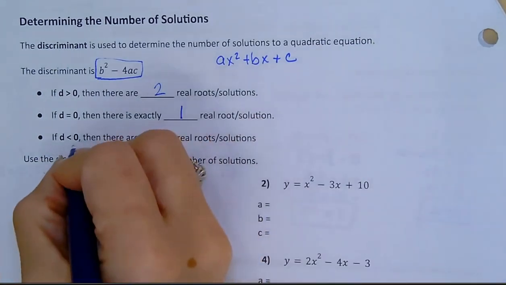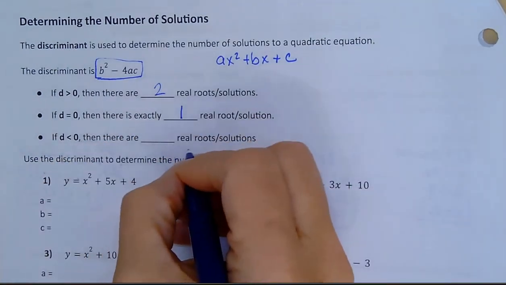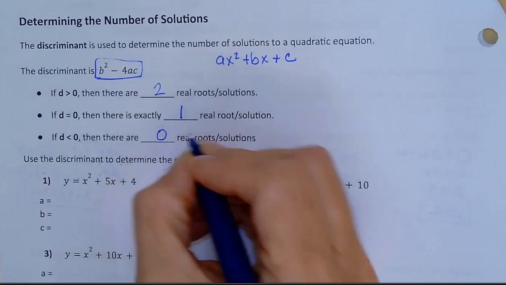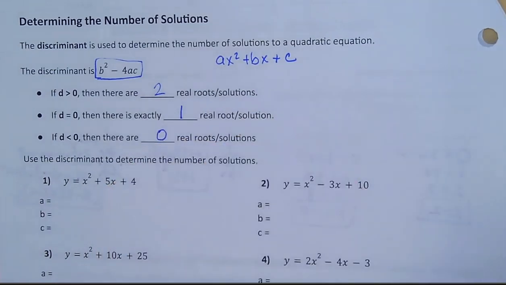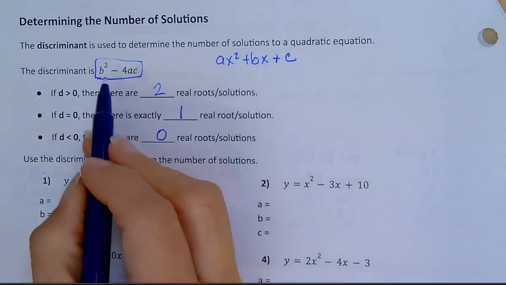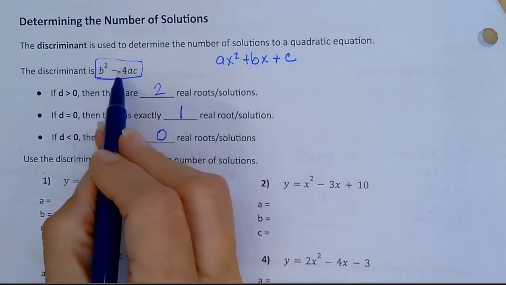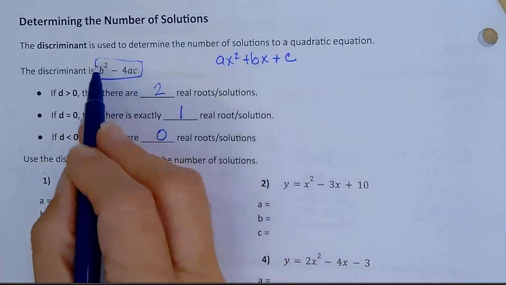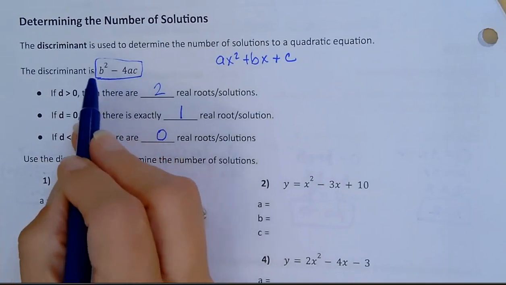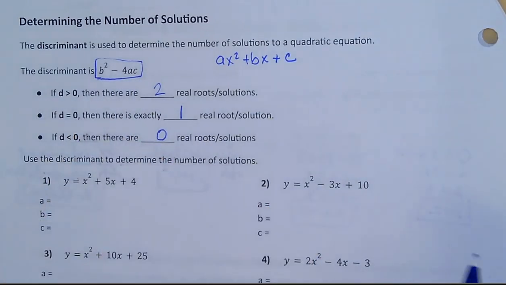But if my discriminant is less than 0, then there aren't any real roots. There's no way to get a real root or a solution. Okay? So if your whole discriminant, when you do the math, is positive, two solutions. If it's exactly 0, you have one exact solution. And if it's negative, you have 0 solutions.